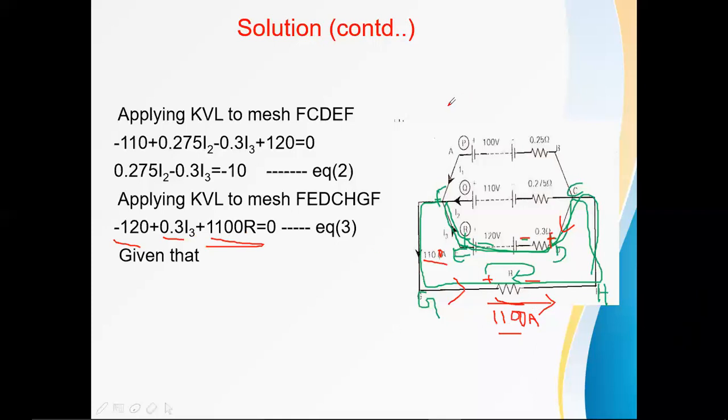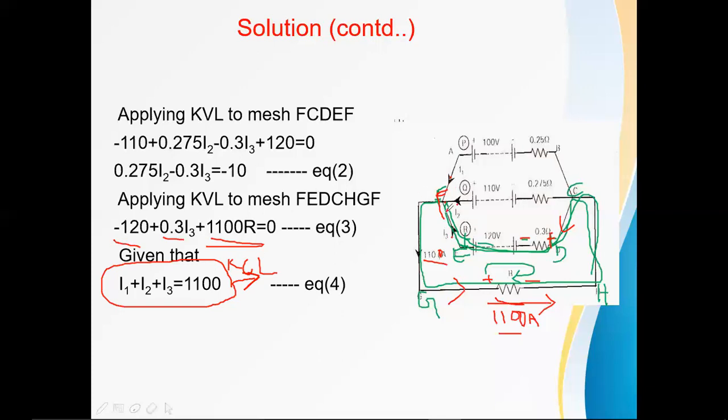And also one important thing is given: I1 + I2 + I3 = 1100. As per the law of KCL, the current entering at a node equals the current leaving, and here the node is F. At the node there are three currents entering: I1, I2 and I3.